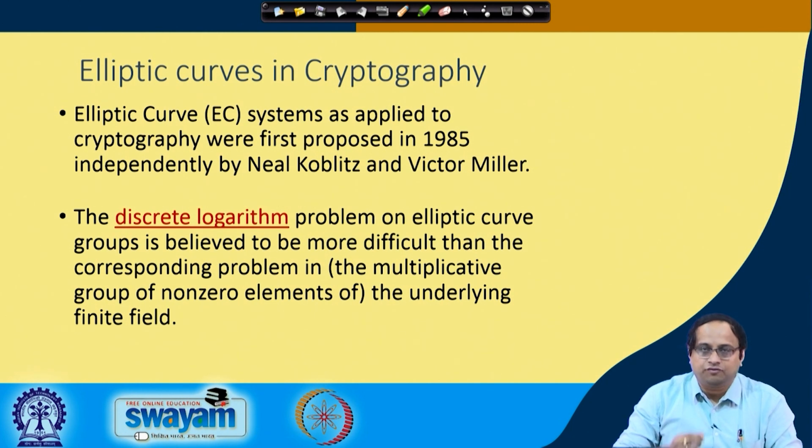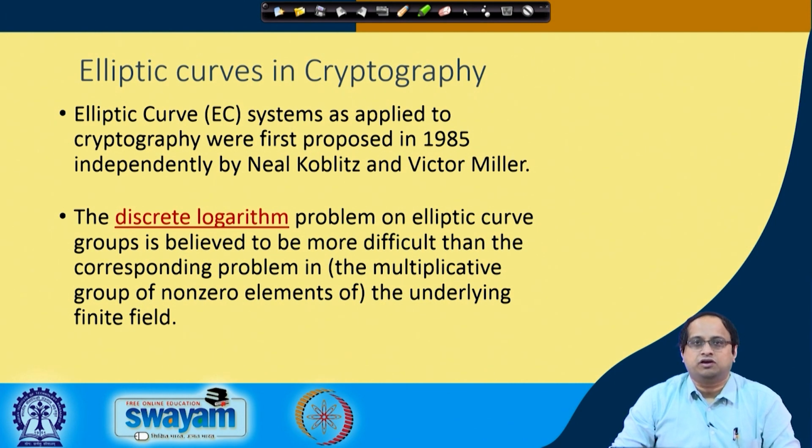Okay. And therefore, elliptic curve cryptography can also often operate with much shorter keys compared to its counterparts like, say, RSA. And that is precisely the reason why elliptic curve cryptography has become very popular and is often considered a de facto public key cryptosystem for many resource constrained environments. Okay.